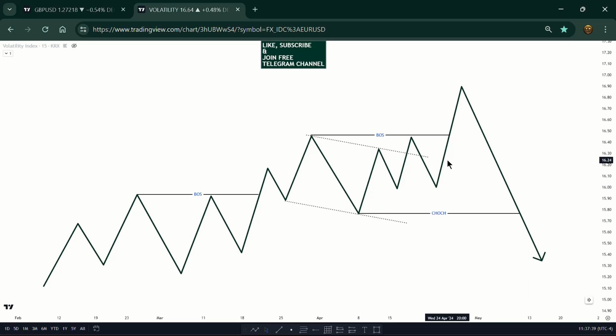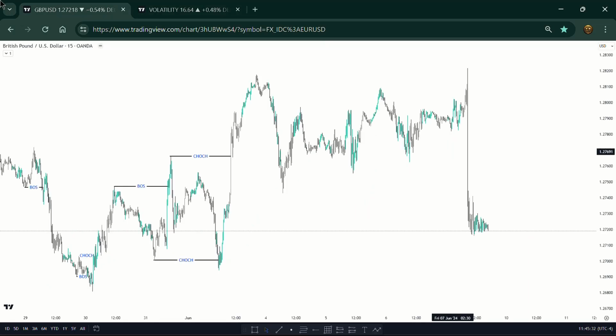But look at it more in terms of liquidity. Where are those stop losses lying? They are so obvious. If you see a certain pattern repeating almost every day, pay attention to that and go against it.